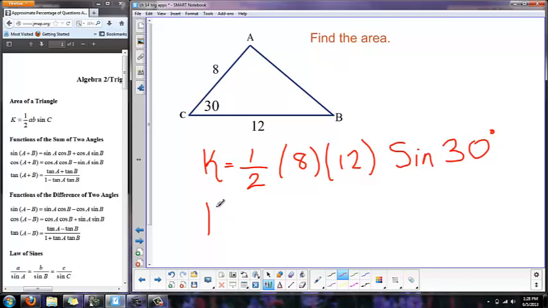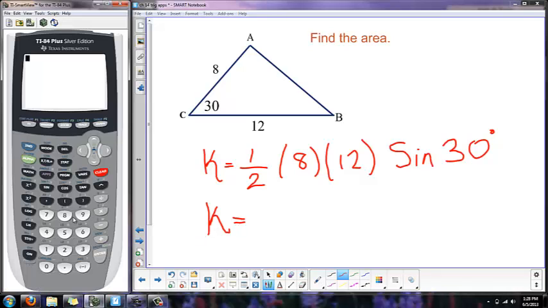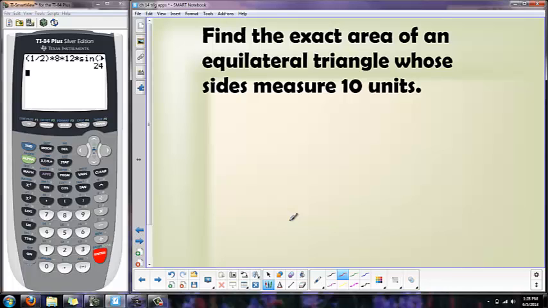So K is 24. But at this point, honestly, you got enough stuff to worry about. Use your calculator, because personally, I think that it's more important for you to get through this information than to use your head instead of your calculator. So just type all that stuff in and hit enter. 24. Alright, it's easy as that.